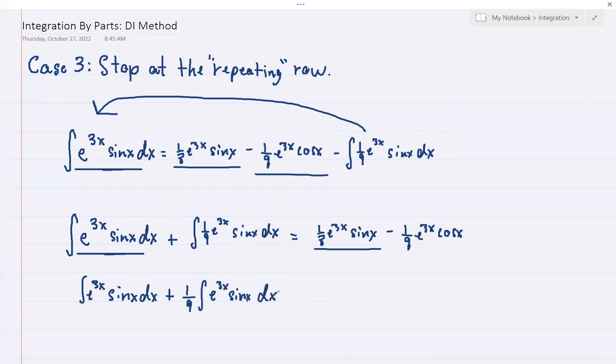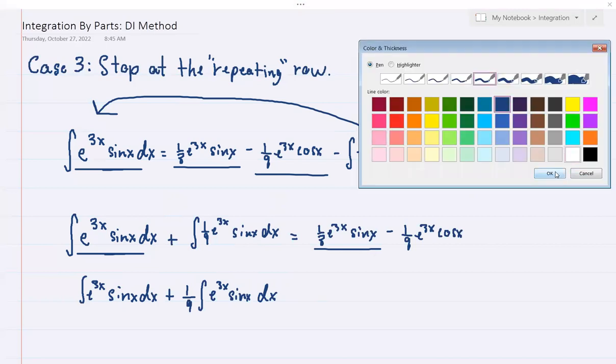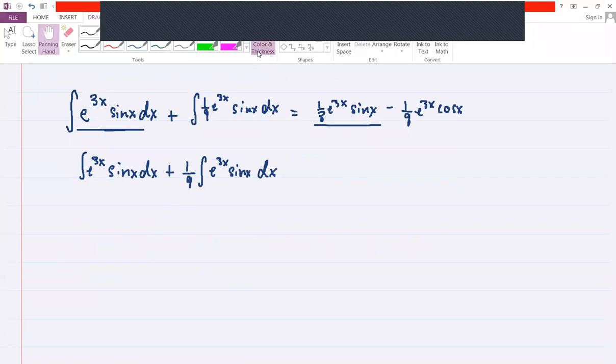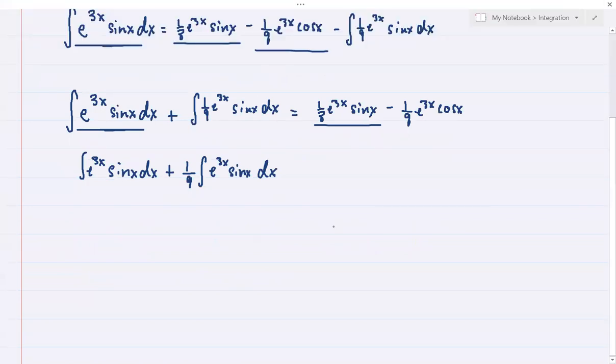If you're going to add them together, you will have 1 plus 1 all over 9. That's basically 10 all over 9.